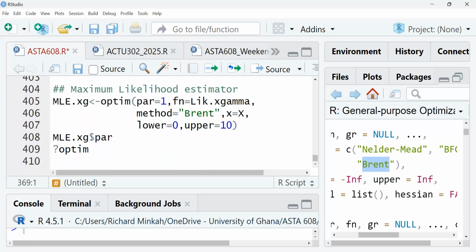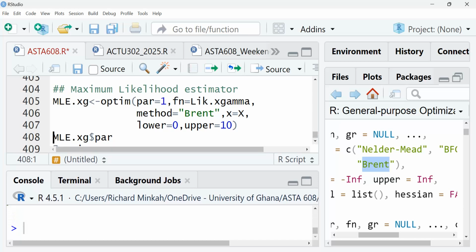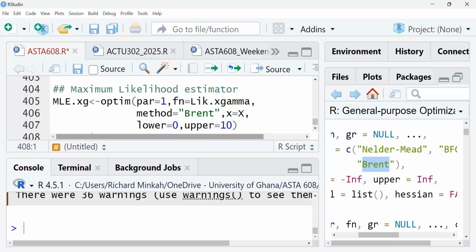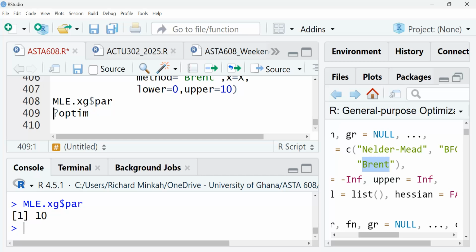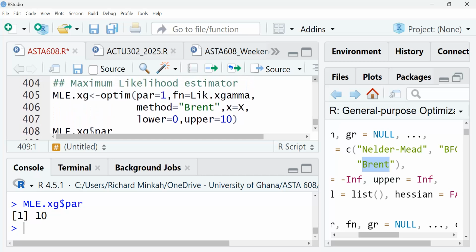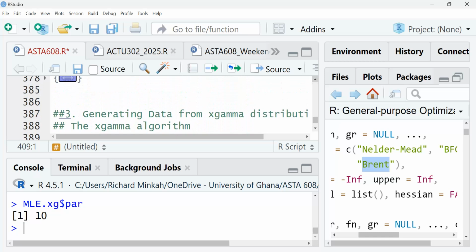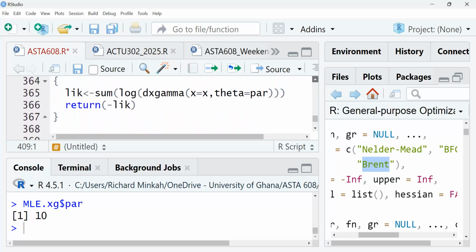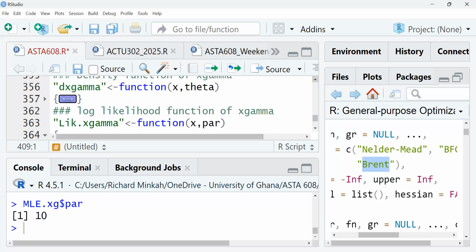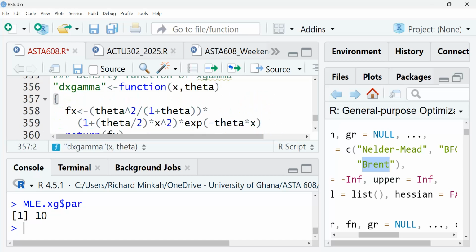So I'll go back and do this and see what will happen, if we'll get any. There are still warnings. I hope it works. I still did not. Optim. I think it's the S gamma, but we wrote it right.